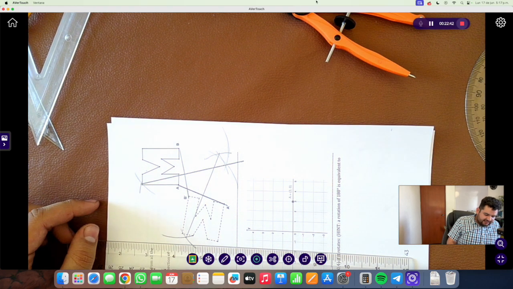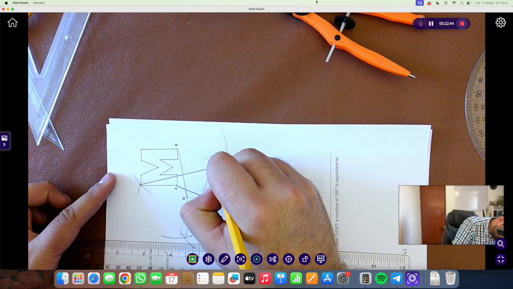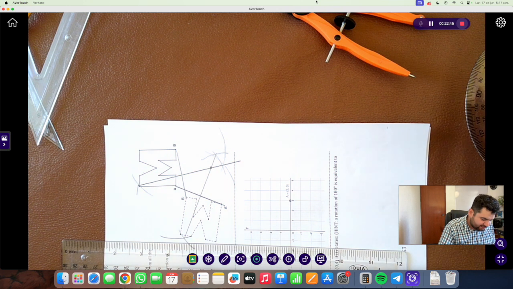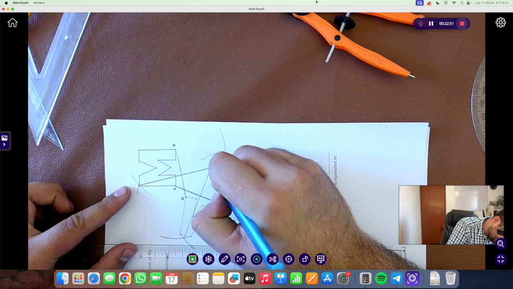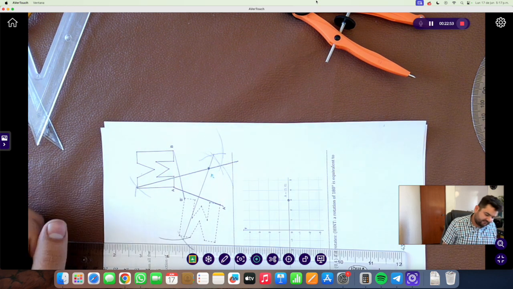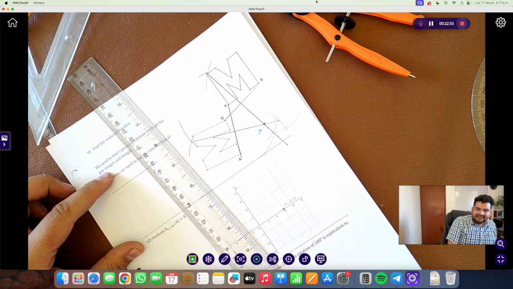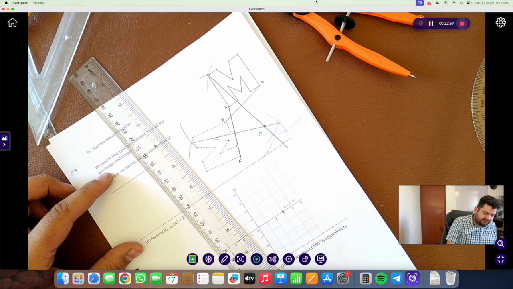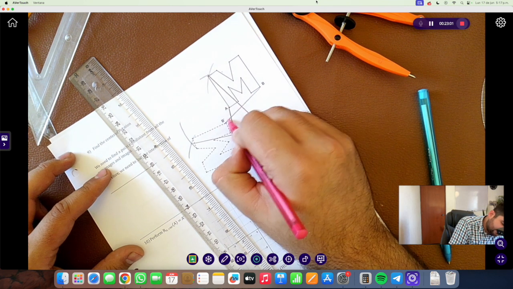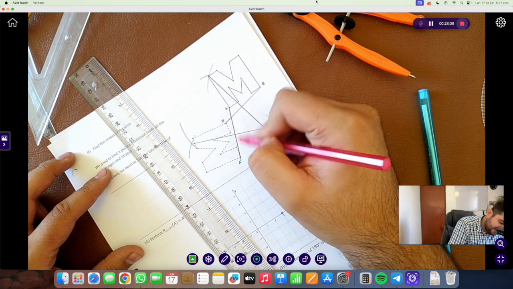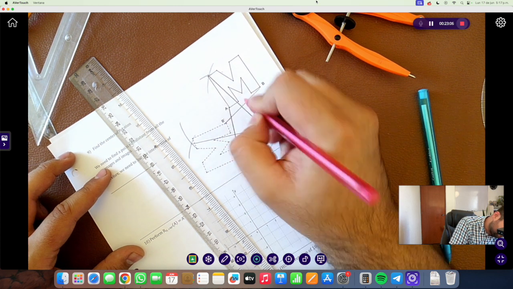So here is where the perpendicular bisectors meet. Here is the center of rotation. Now, be careful, because segment BB prime and segment AA prime intersect here.